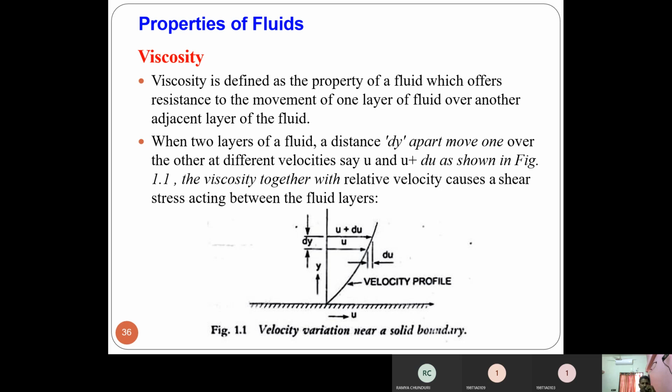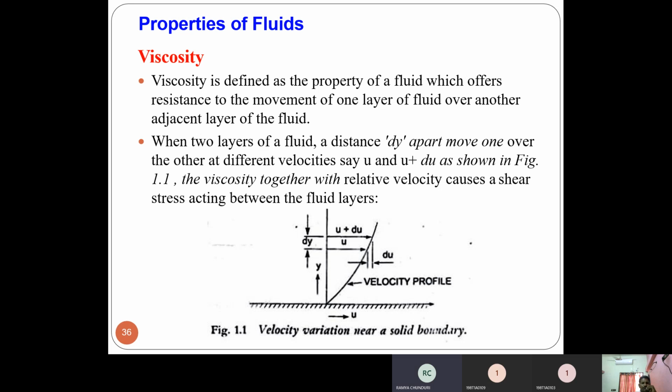The ratio of these two is called the rate of change of shear strain, du by dy. This is also called the velocity gradient. So the existing shear stress is directly proportional to this shear strain: tau is proportional to du by dy.